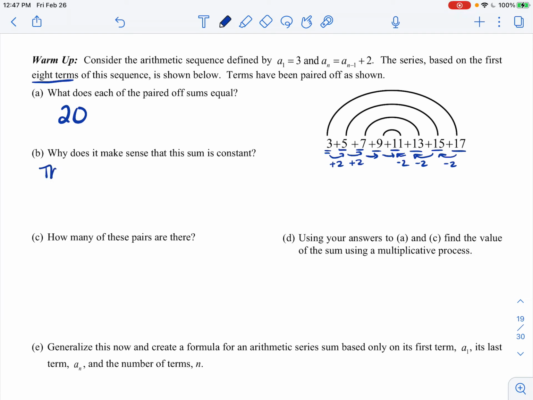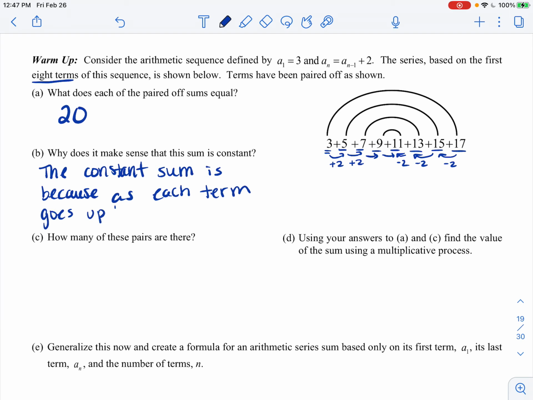So we'll say the constant sum, with all of these pairs, the reason the sums are constant is because as each term goes up by 2, the other direction goes down by 2. Right, so it's balancing itself out because of that common difference.